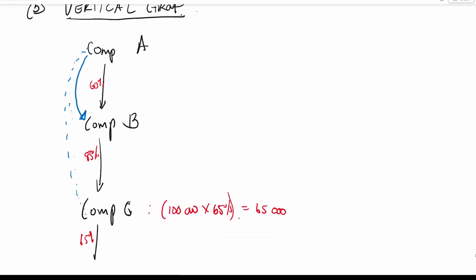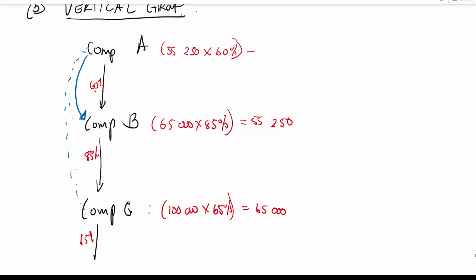So company C goes to company B and will give 85%. 65,000 multiplied by 85% is 55,250, and this goes to company B. Company B also has a parent, so they will take the 55,000 they received from their subsidiary and give a portion to their parent.